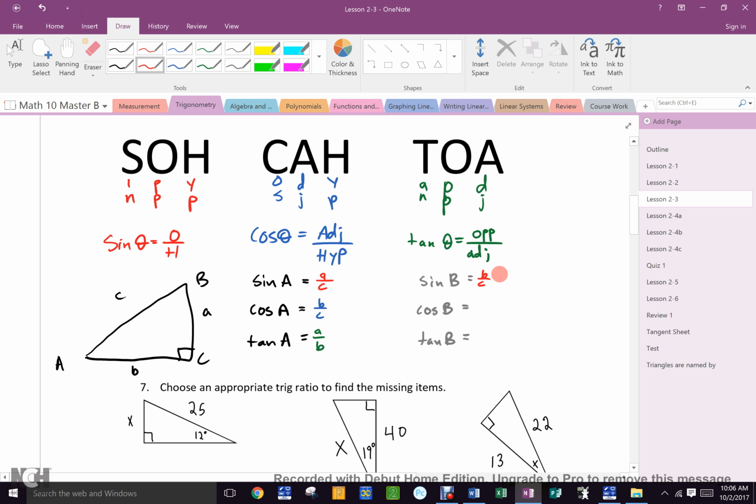B over C. What is the cos of B? A over C. And tan of B? B over A. What is it that you are noticing about the sine of A and the cos of B? And the cos of A and the sine of B?